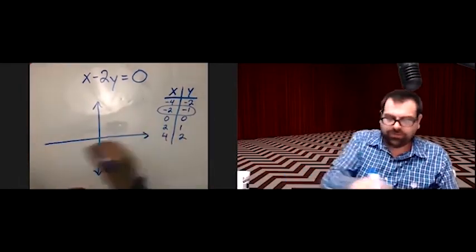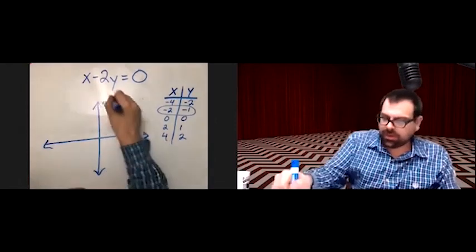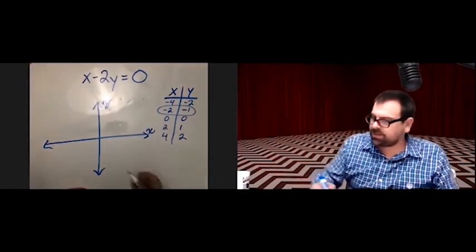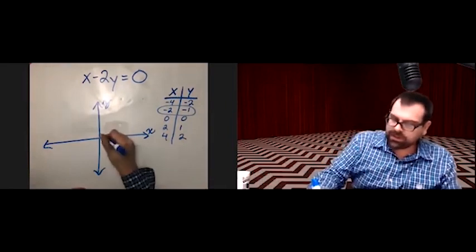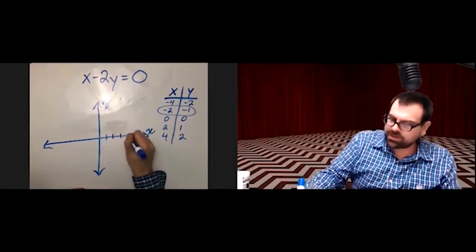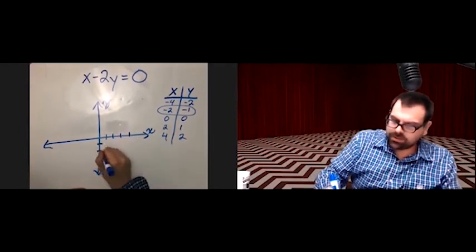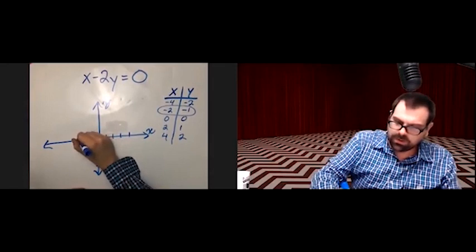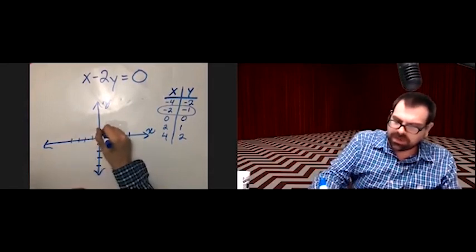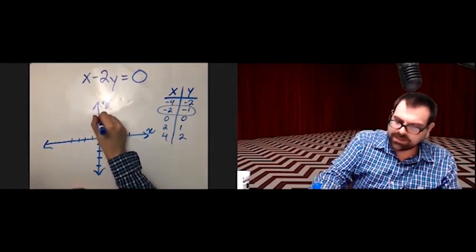Give a graph, label y, label x. Looks like we need 4 at least in all directions. Try to keep them equal. If you have graph paper, that makes things a lot easier.